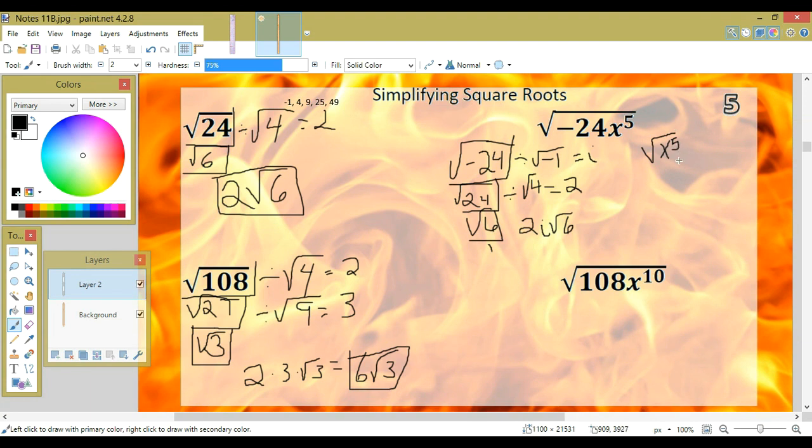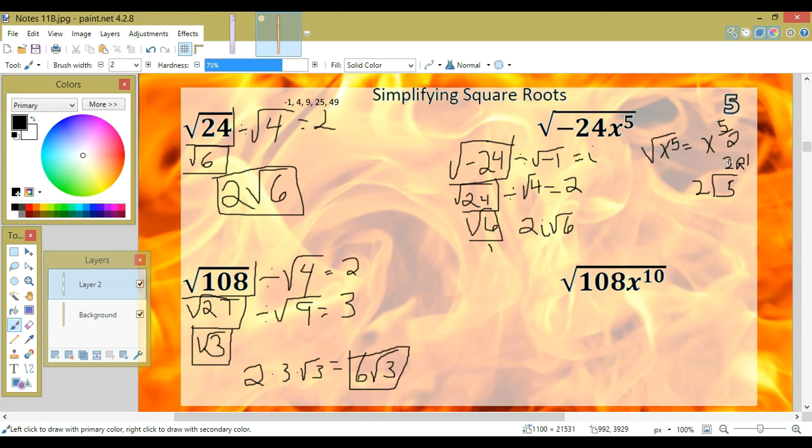Now with the square root of a variable, we have x to the 5th. We're going to rewrite this as a power. So we have x to the 5 over 2. Every square root will have a fraction with a 2 in the denominator. Now 5 over 2, 2 goes into 5 2 times with a remainder of 1.